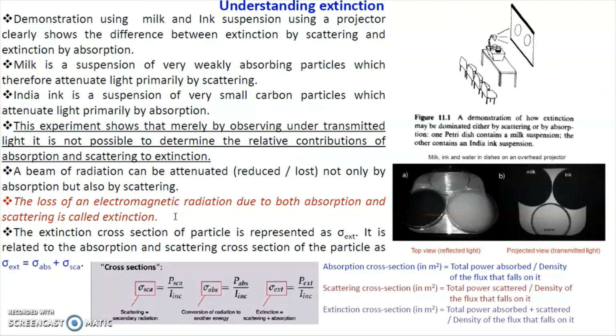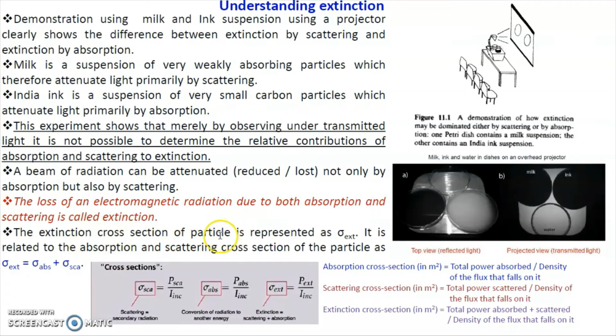And we can express the extinction coefficient. It is called the extinction cross section of the particle, and it is represented as sigma ext, also called sigma extinction, which is nothing but the extinction cross section of the particle.